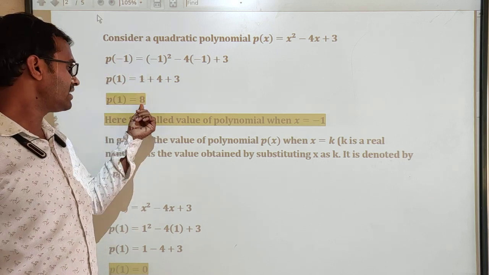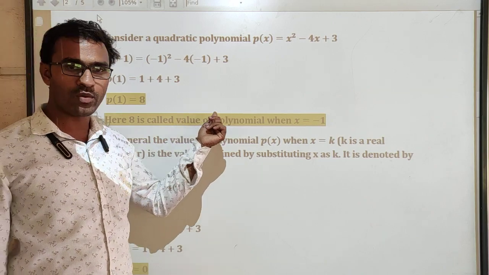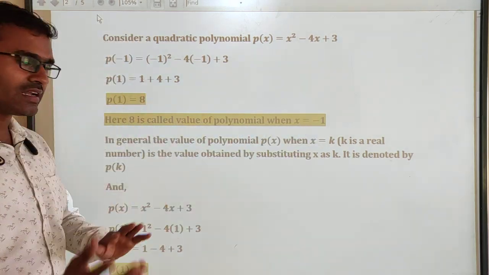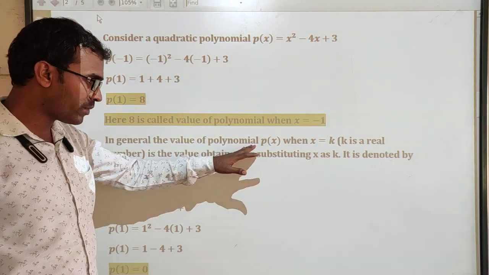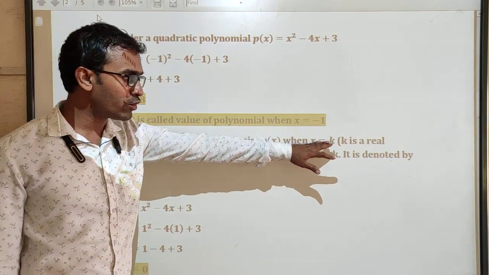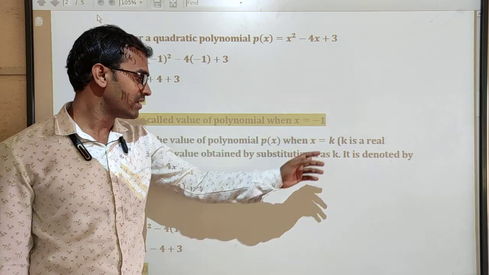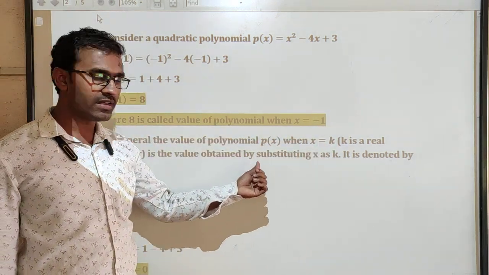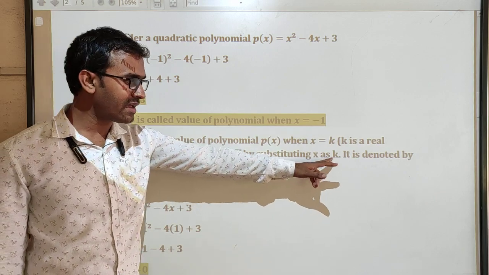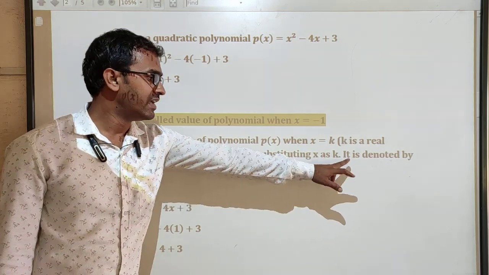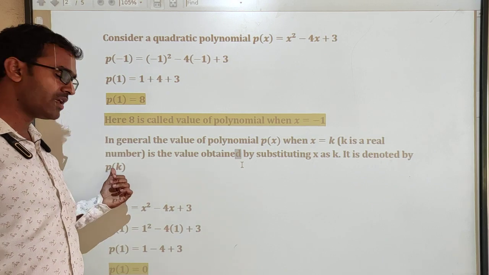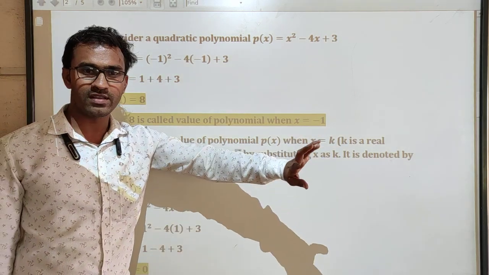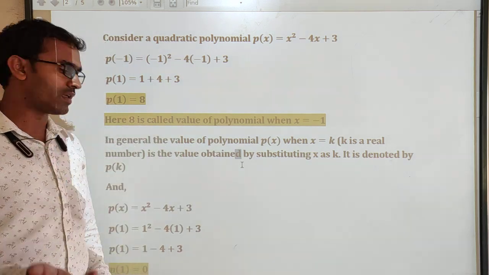In general, the value of polynomial p of x when x equals k, any real number, is the value obtained by substituting x as k. Replace x by k. It is denoted by p of k.